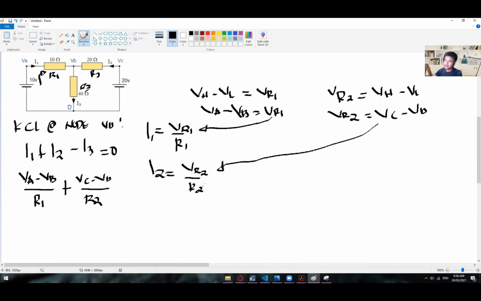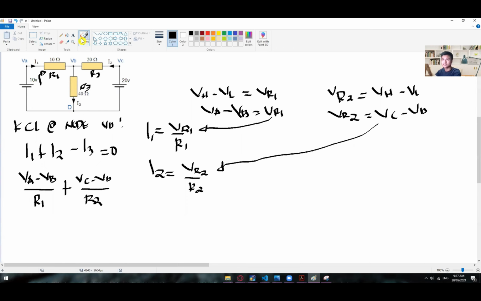Okay, that's good. So in here, this is one thing that you guys need to know. In nodal voltage, the one that is connected to the negative part of our batteries or voltage source is the one that we call the reference node or the ground node.